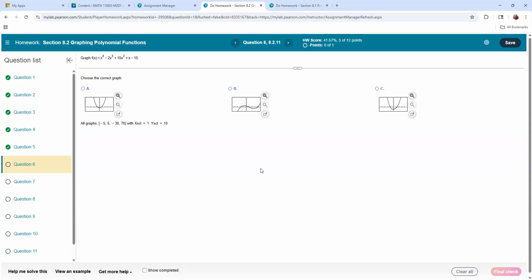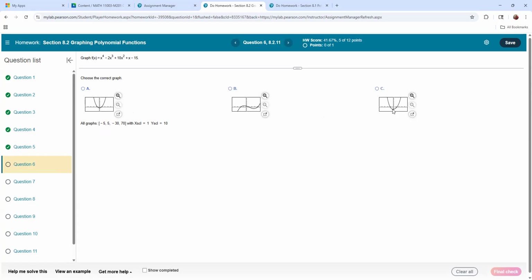All right, y'all, same on this one. But look at the difference. A and C are really similar. So you might want to graph this one to see, is it going to be closer to the x-axis like A, or is it going to come down the x-axis like C?